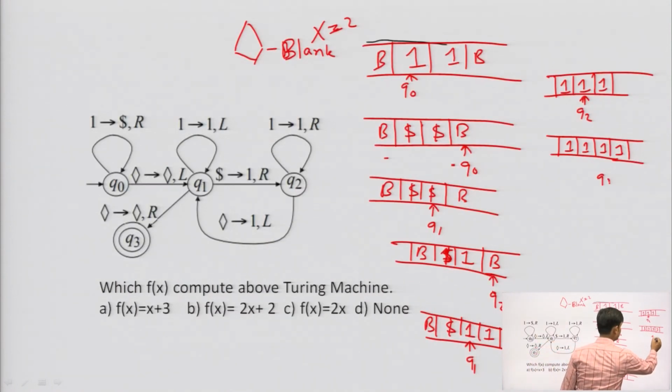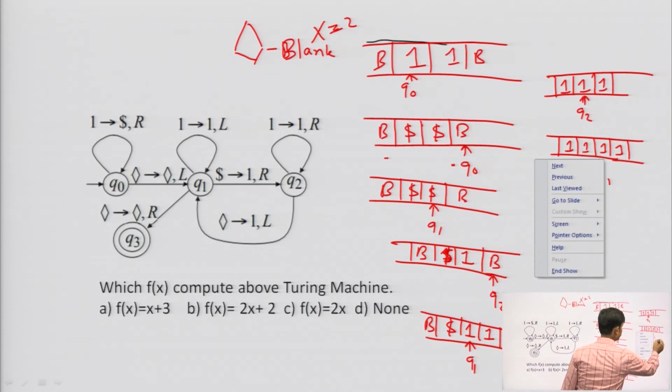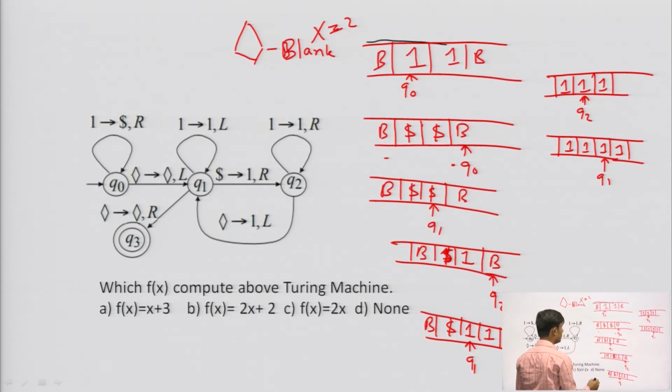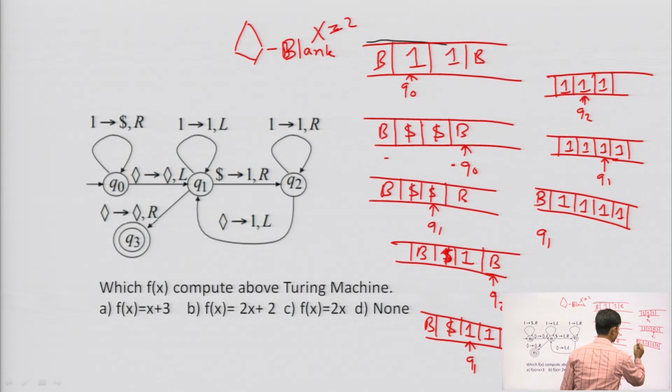Now at Q1 all 1s you have to move left, left, left. Move left, then after that you find the blank. In Q1 you find the blank because no dollar is there.